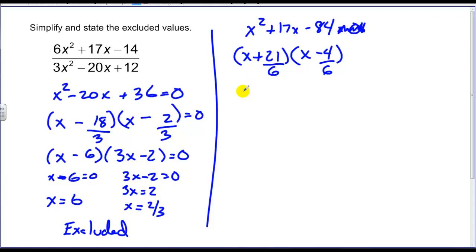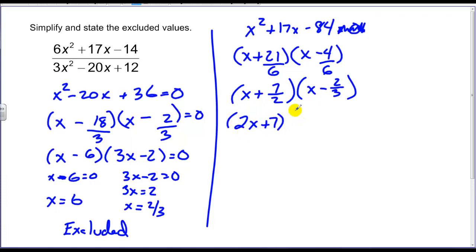I get x, 3 goes into both of these, so I get 7 and 2 for the first term, and the second term I get 2 and 3. Since neither reduce to a whole number, I need to bring both denominators forward, giving me 2x plus 7 and 3x minus 2. And that's the factoring of the numerator.